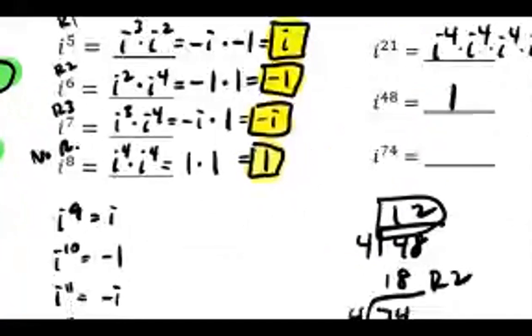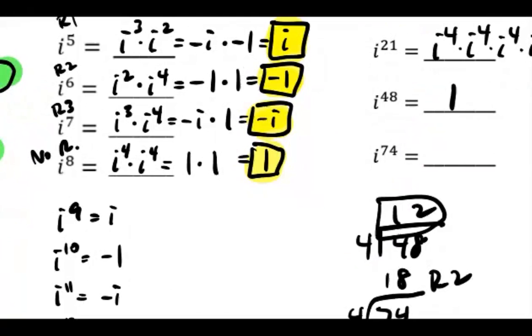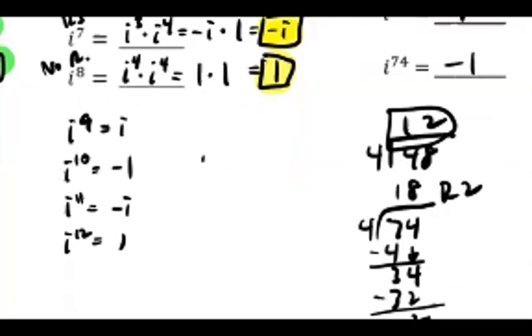What remainder is 74 going to have? So what is the answer going to be? -1. Let me try this one. What is i to the 99th power? Do that right now.